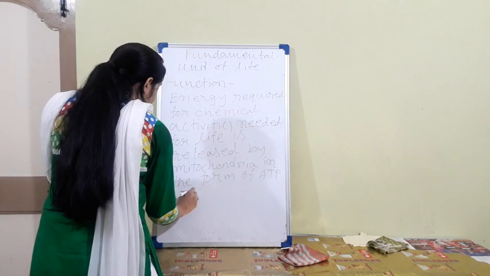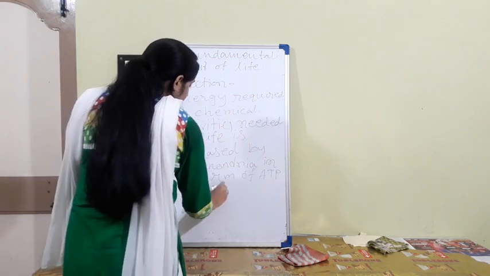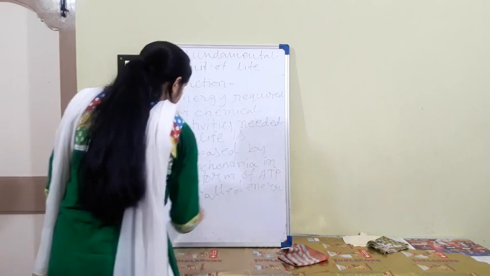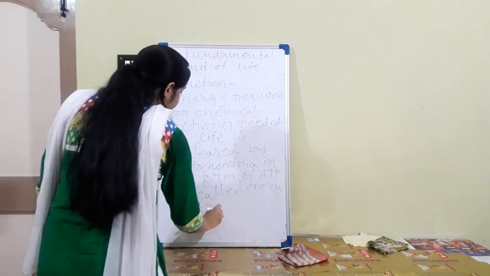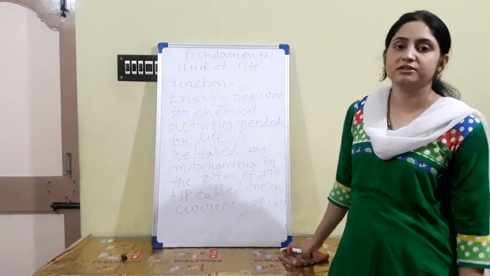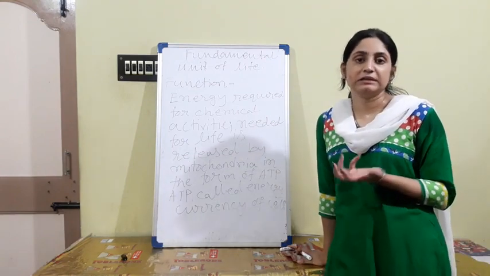ATP is called the energy currency of the cell. So the fundamental function: energy is required for all types of chemical activities needed for life.